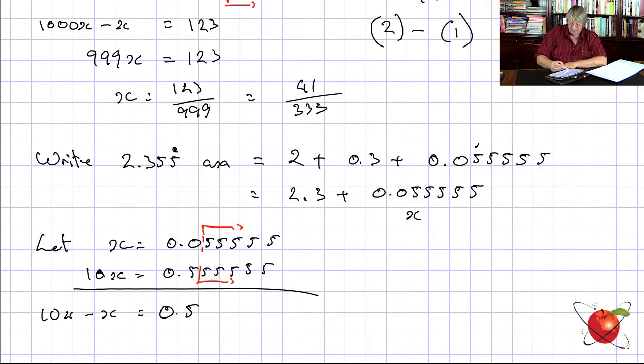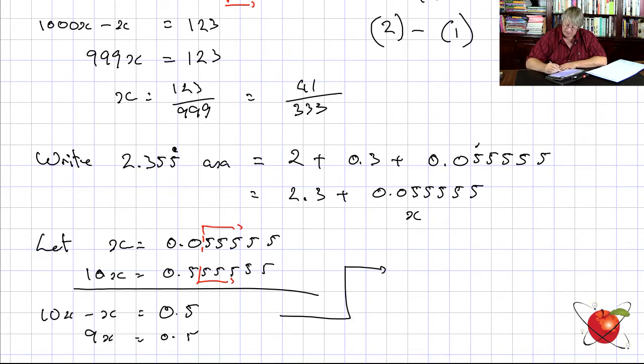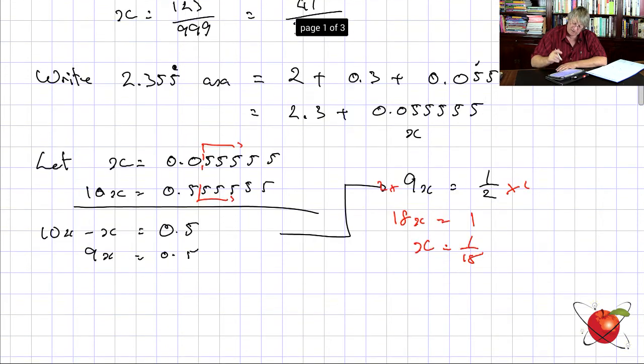So what have we done? We have taken this 10x and we're left with 9x is equal to 0.5. So therefore 9x is equal to a half. How do we get rid of that? We multiply through by 2. So therefore 18x is equal to 1. Therefore x is equal to 1 over 18.